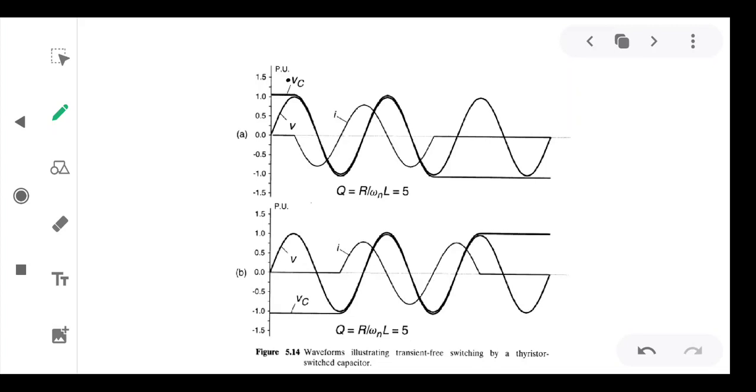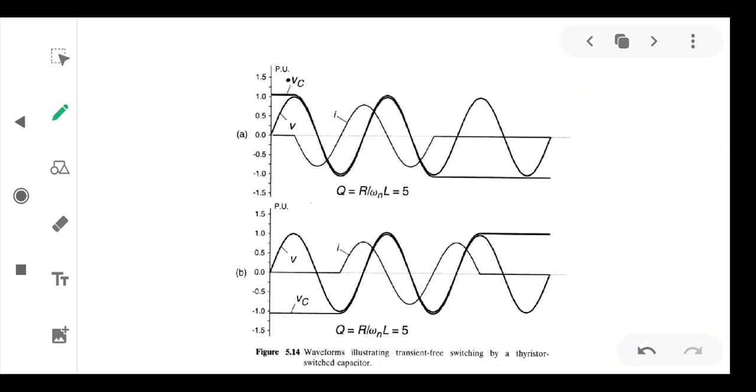In figure A, TSC is on at Vc equal to positive maximum value. In figure B, when Vc is at positive maximum value, TSC is on.